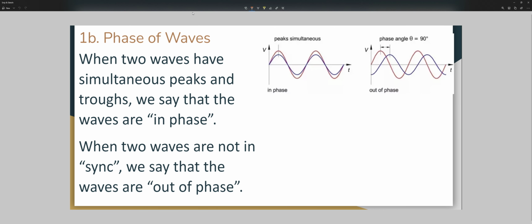So our waves are in phase. If you take a look at this image, there are two waves here, a red wave and a blue wave.